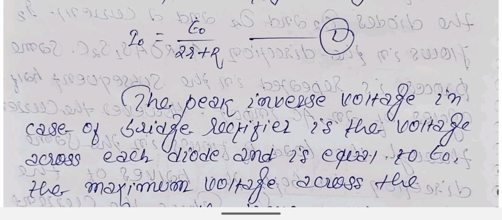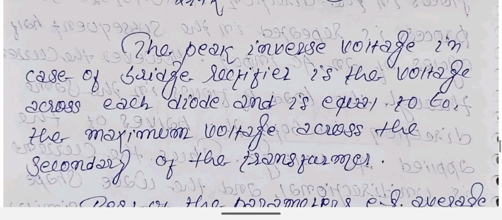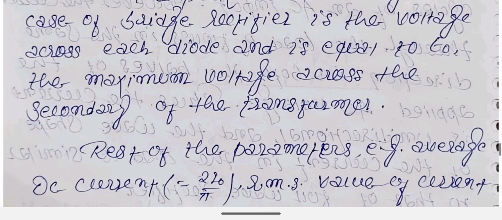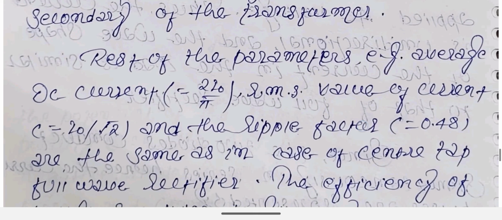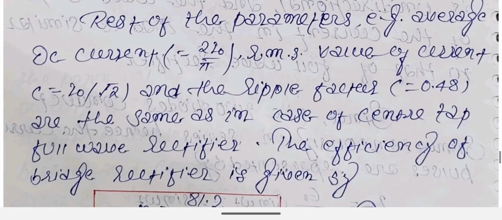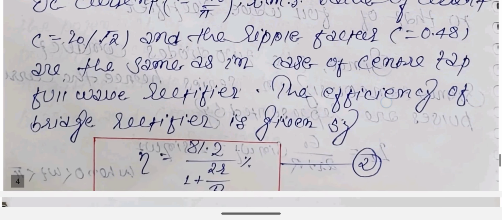The peak inverse voltage in the case of a bridge rectifier is the voltage across each diode and is equal to E0, the maximum voltage across the secondary of the transformer. The rest of the parameters, for example average DC current equal to 2I0/π, RMS value of current equal to I0/√2, and the ripple factor equal to 0.48, are the same as in the case of a center tap full wave rectifier.